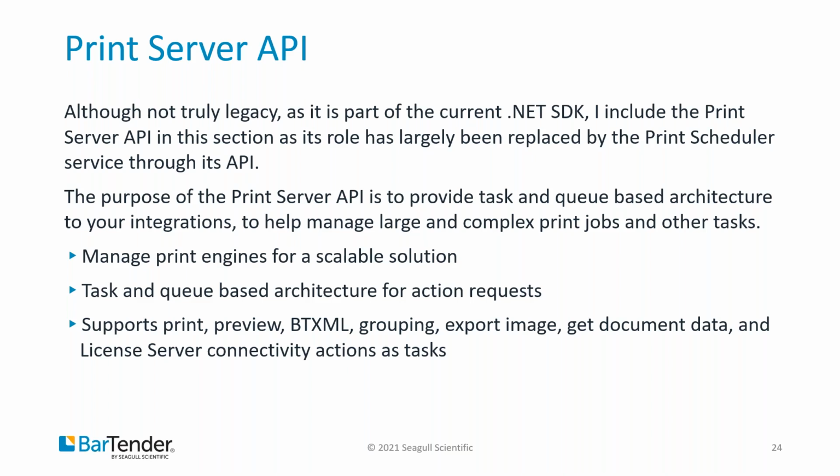And of course, this is pretty much what the print scheduler does. So in older versions of BarTender, we first had the print server API. And then in more recent versions of BarTender, we introduced the print scheduler service, which from my perspective, in some ways replaced the need for the print server API.